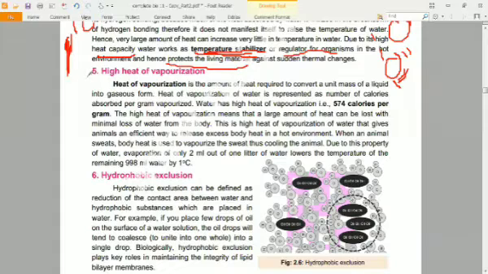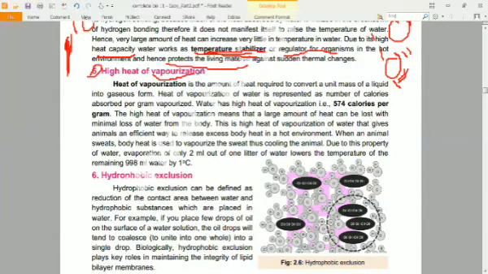High heat capacity of vaporization. So heat of vaporization is the amount of heat required to convert unit mass of liquid into gaseous form. This is a little bit similar to specific heat capacity, but here it is heat of vaporization.